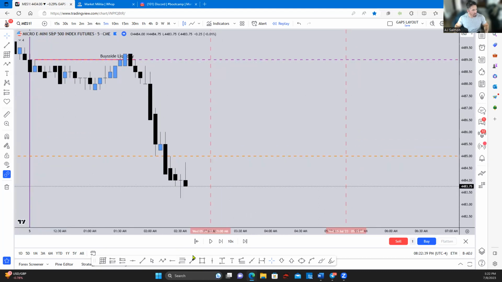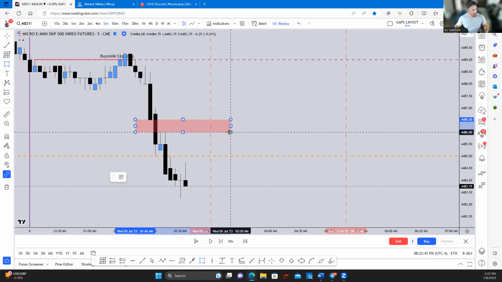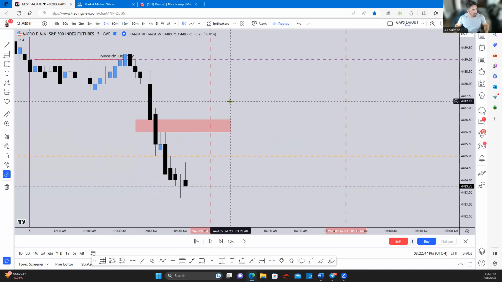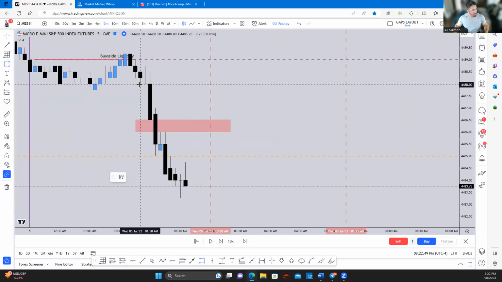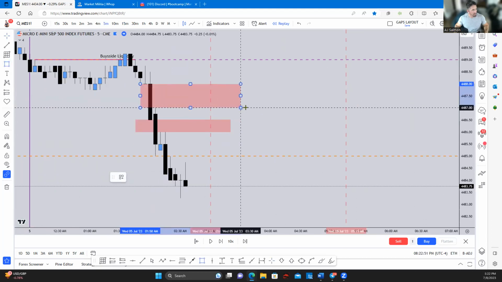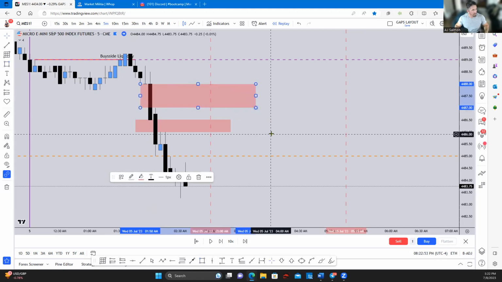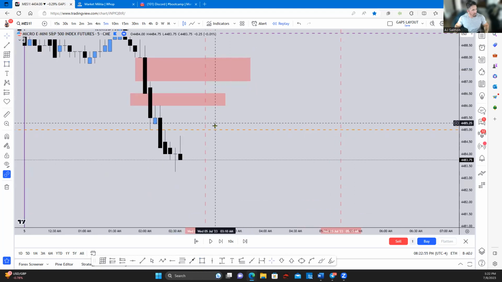So far we have this gap and this gap here, and then we also have a tiny gap just in here.